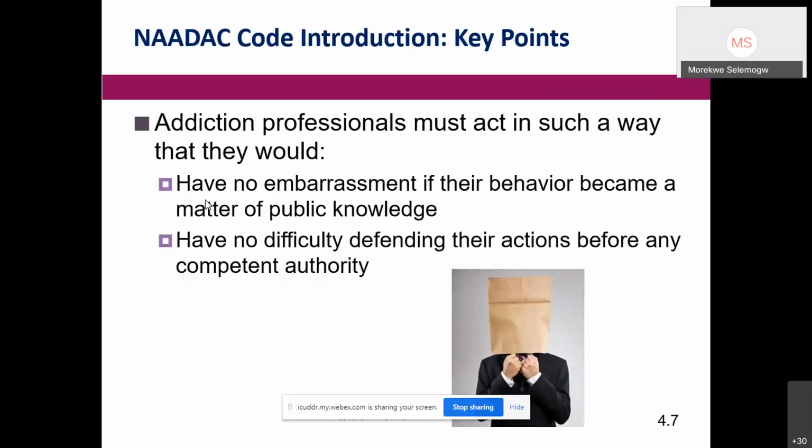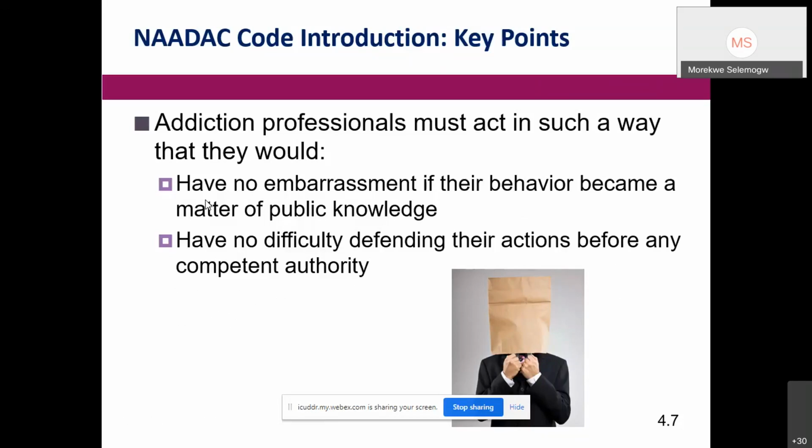The other one, which is very important, is that addiction professionals must act in such a way that they would have no embarrassment if their behavior became a matter of public knowledge. This actually connects to the issue of why personal ethics should not be considered as separate from professional ethics.